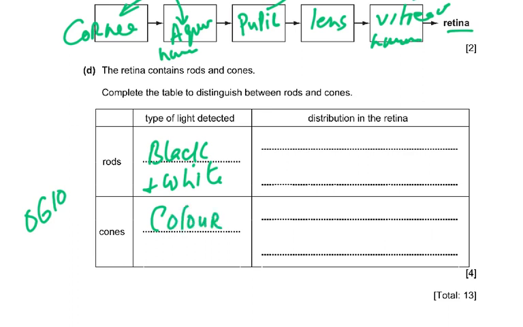And distribution in the retina: rods are more concentrated on the margins, or you can say spread over the retina, while the cones are only in the fovea.